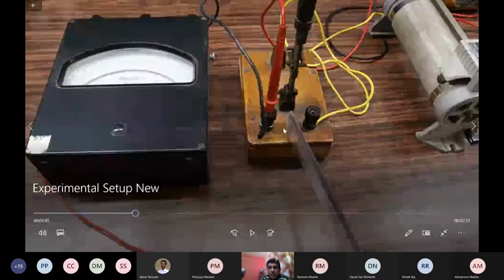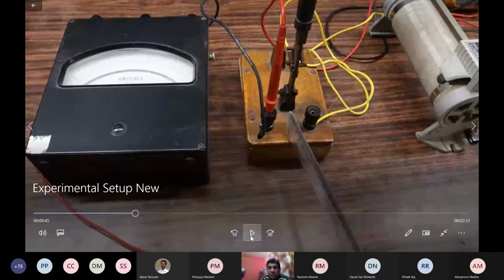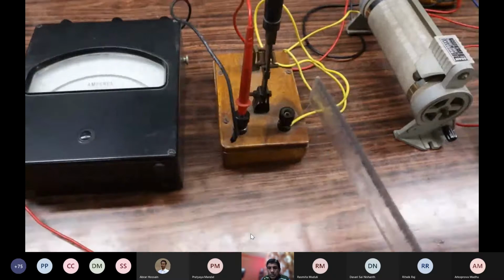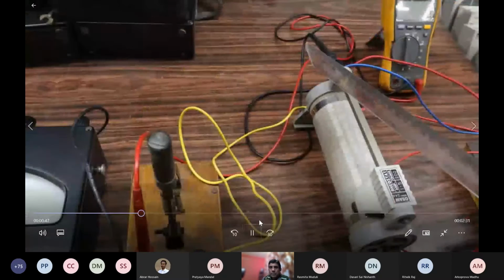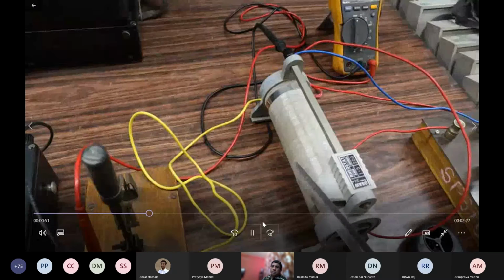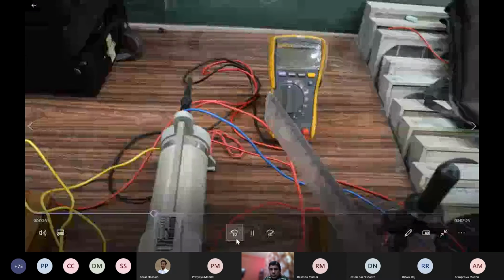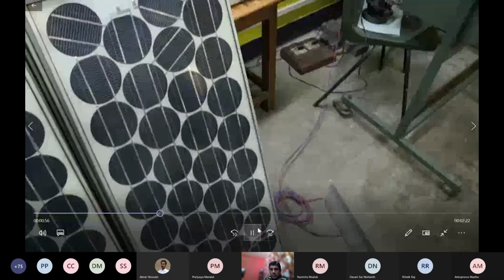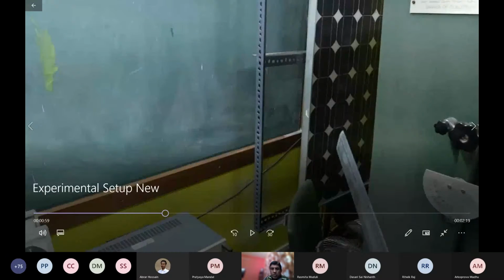So this is the emitter and the switch S1, which we have shown in the diagram. That variable load is connected to the panel directly.